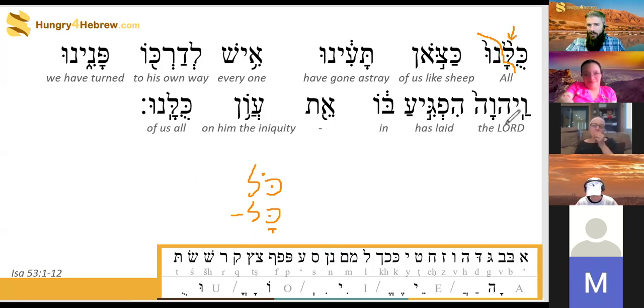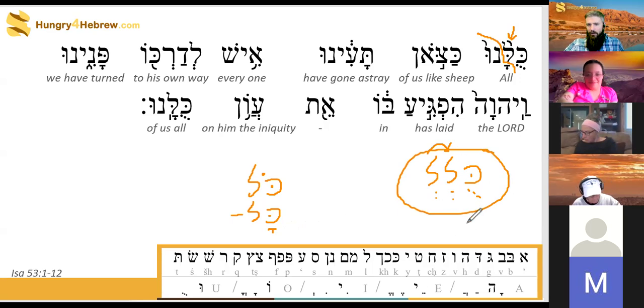The dagesh inside of the lamed, what does that tell us? There's a missing letter. Exactly. This is a geminate root, kaf lamed lamed. We don't get to see it in words like this because lamed is the last letter of the word, and dagesh usually doesn't show up in the last letter. The fact that it's showing up as kul tells us that the original form of the word had two lameds, and one lamed vanished into the other.